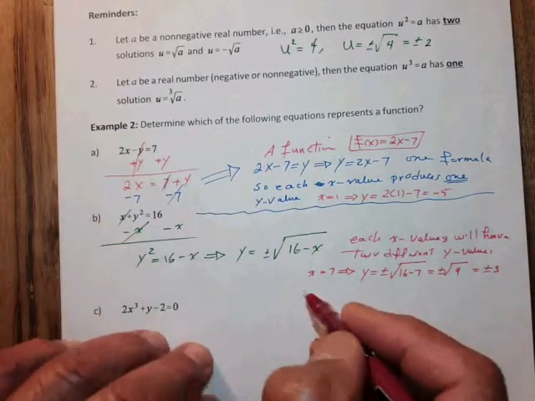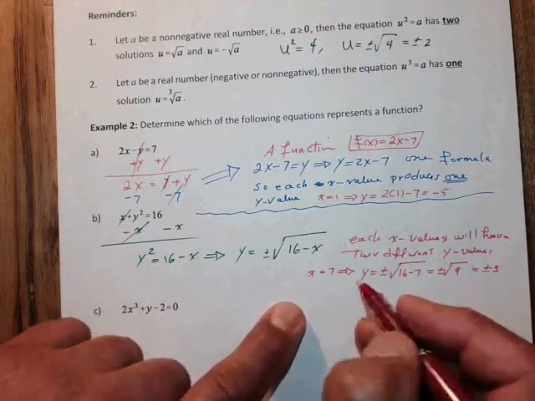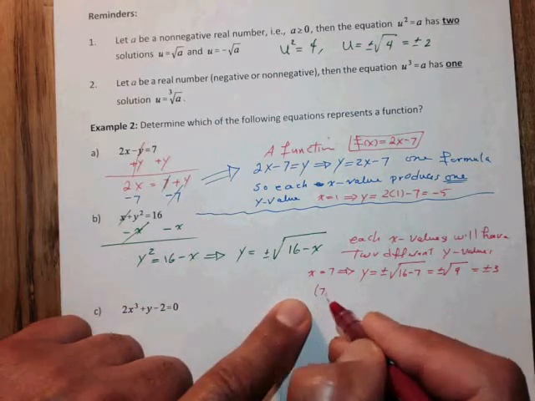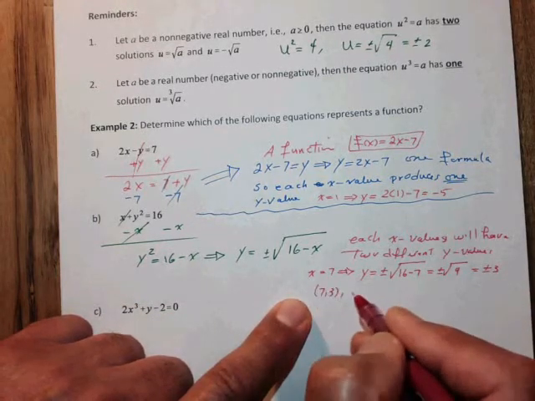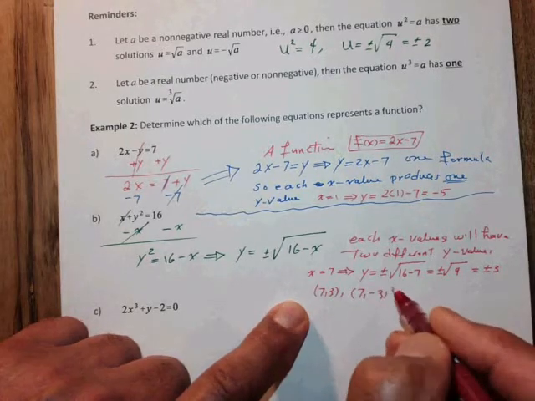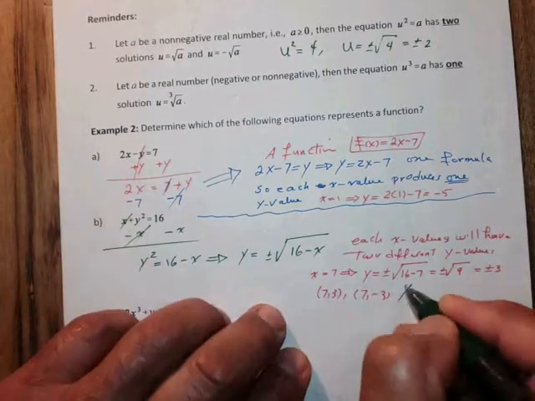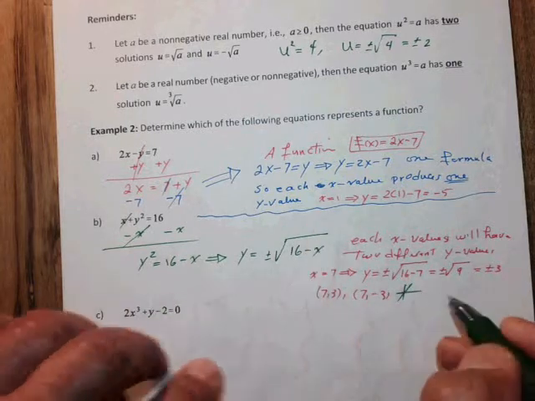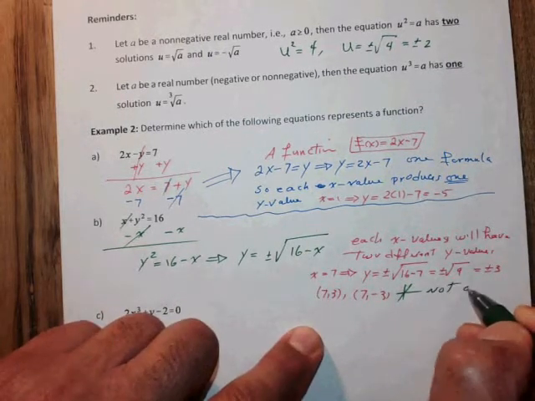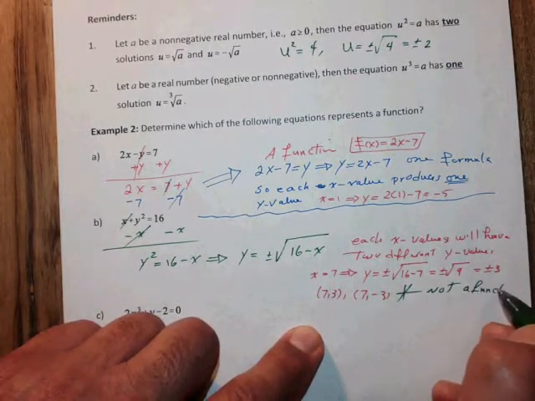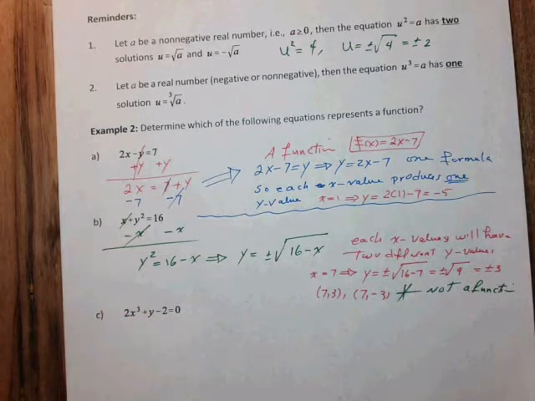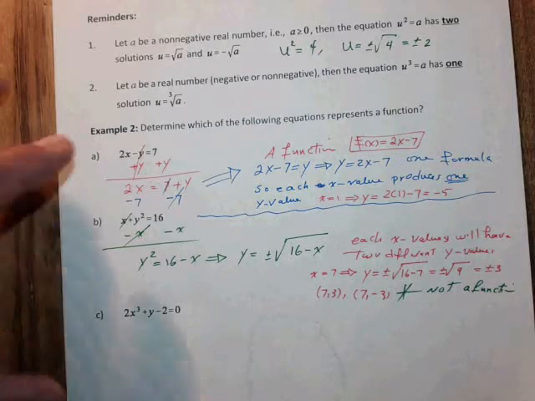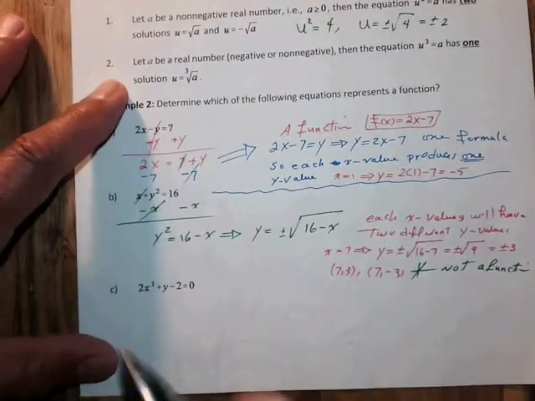So if you write this as pairs, you have 7 and 3, 7 and negative 3, and that's clearly a violation of a function, so not a function, because each x value will have two y values. One more example before we go to the next page is this one.